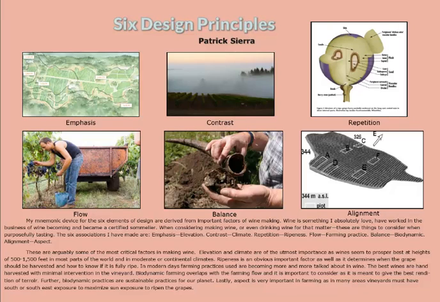Biodynamic farming overlaps with the farming flow, and it is important to consider as it is meant to give the best rendition of terroir. Further, biodynamic practices are sustainable practices for our planet. Lastly, aspect is very important in farming, as in many areas vineyards must have south or southeast exposure to maximize sun exposure to ripen the grapes.